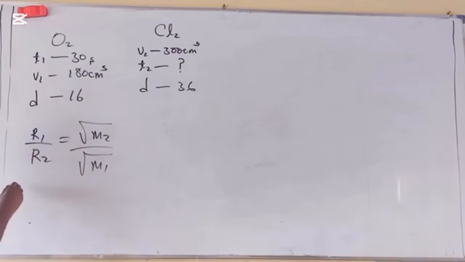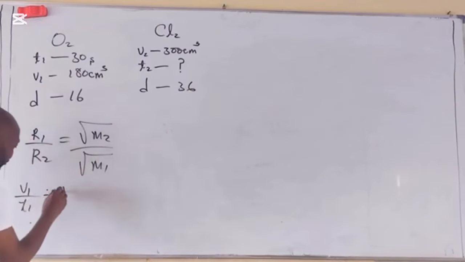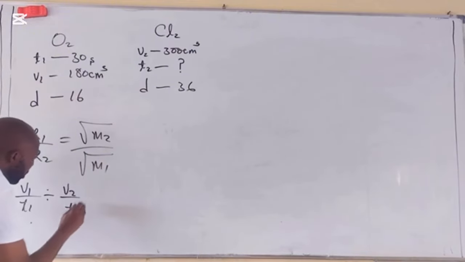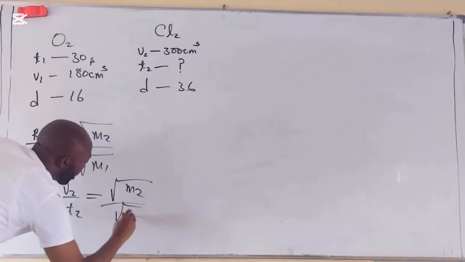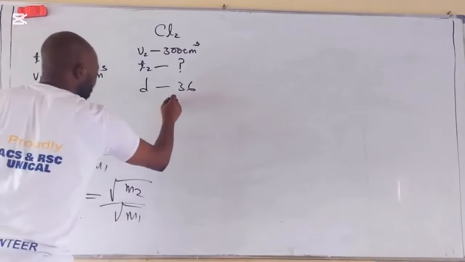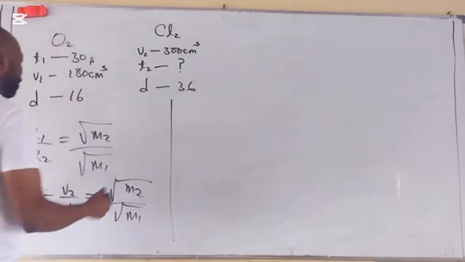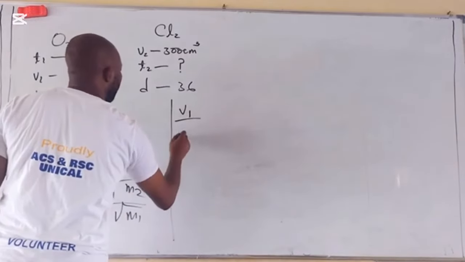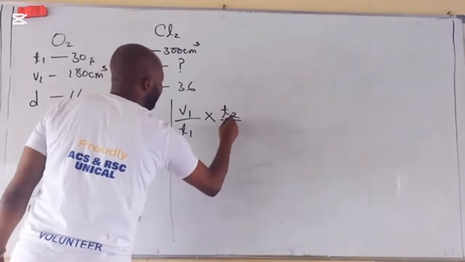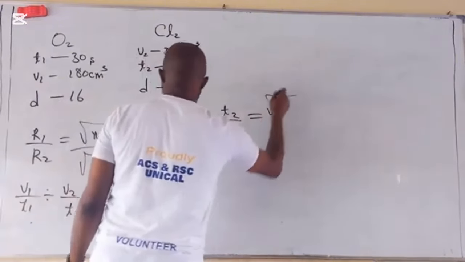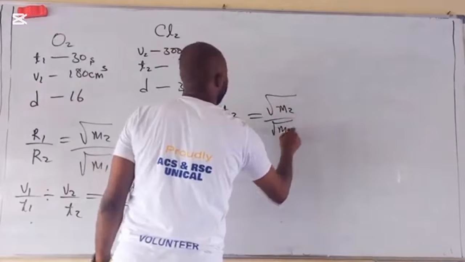R1 is V1 over T1, divided by V2 over T2, equal to the root of M2 over the root of M1. Crossing over, I have V1 over T1 times T2 over V2 equal to the root of M2 over the root of M1.